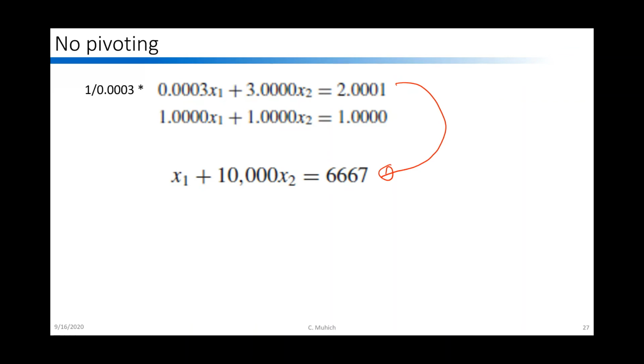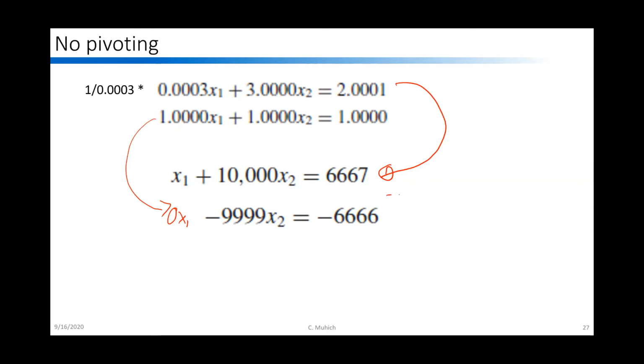When I subtract, if I take this top row, subtract it off, I get that 0x1, and then I'm taking 10,000 minus 1. So that's negative 9,999x2, and then negative 6,666.